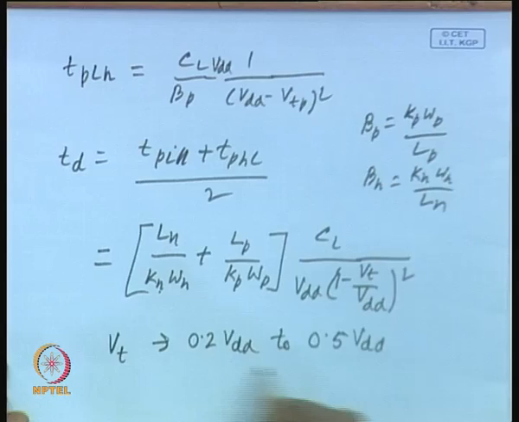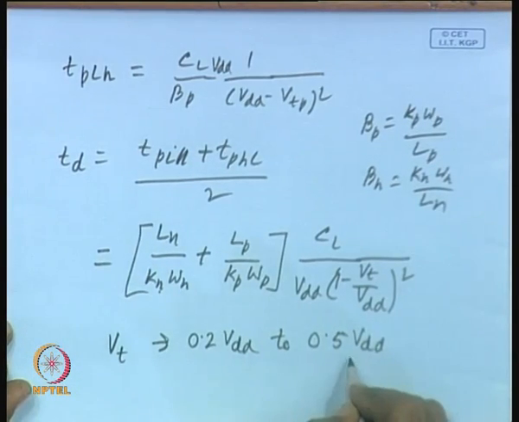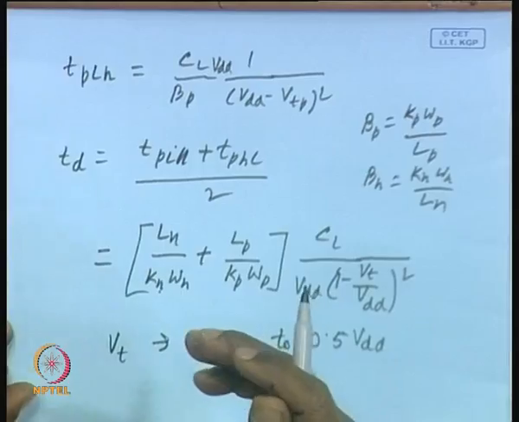That means we can get reasonable performance whenever the threshold voltage is kept in that range. So, that is the reason why in my last lecture I was mentioning that the CMOS inverter will keep on functioning even when the supply voltage is equal to the threshold voltage or less than the threshold voltage, but the delay will be very large.